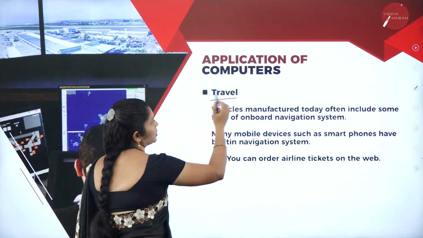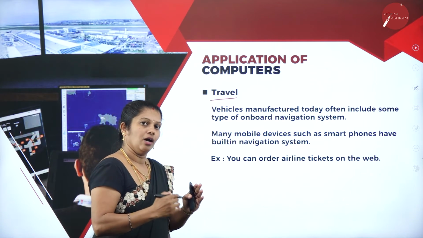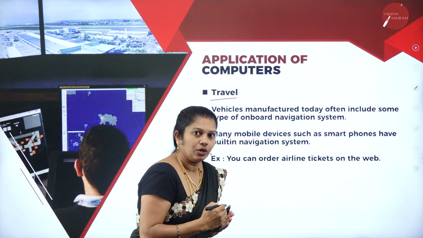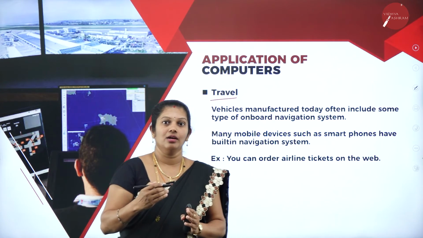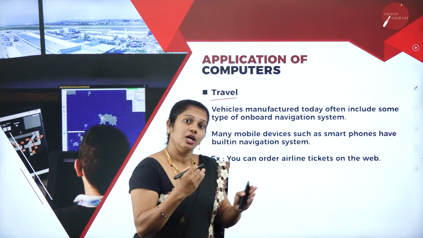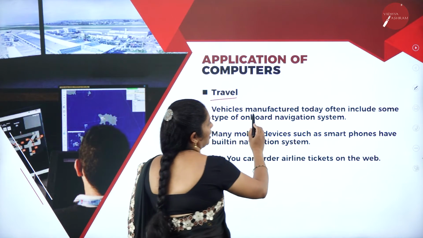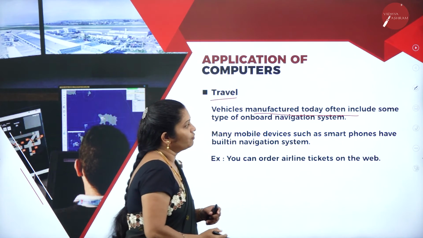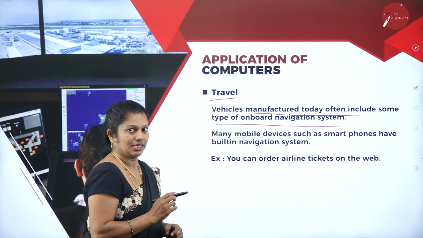Then computers are used in traveling also. For which purpose? To book tickets or to check whether seats are available or whether it is in the waiting list, how many seats are available. To perform that also we need computers. Vehicles manufactured today often include some type of navigation system.